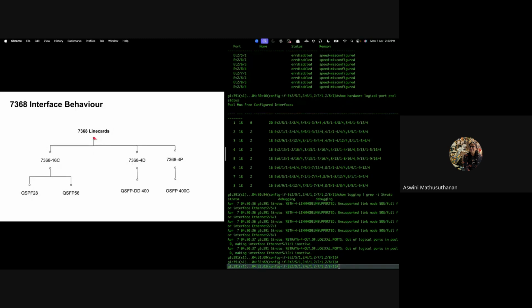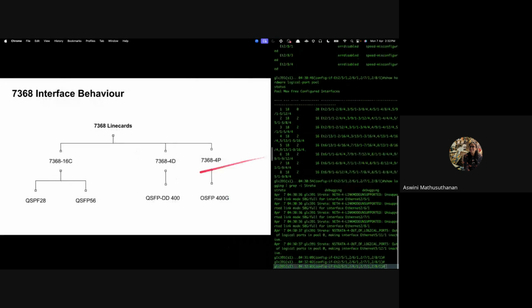We saw there are two different line cards and two different form factors which are coming into the picture. So just minimize this one for now.